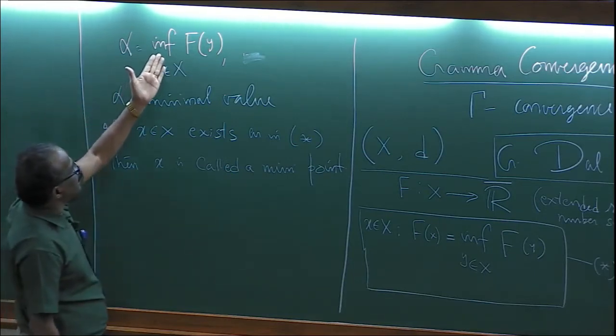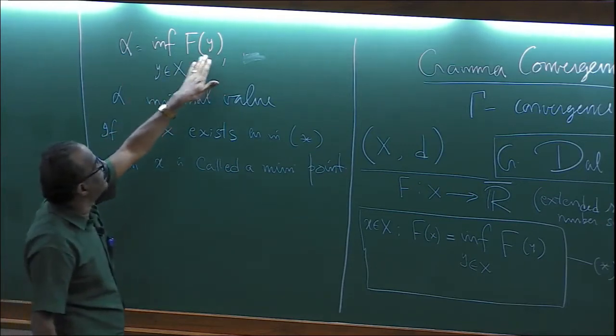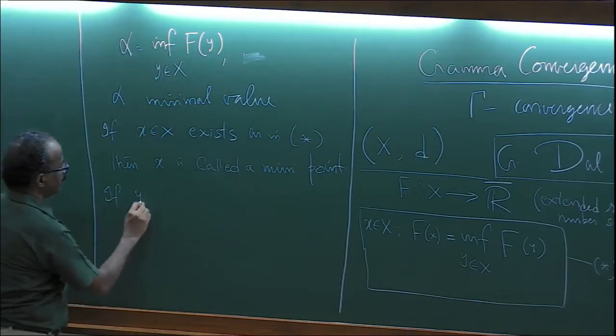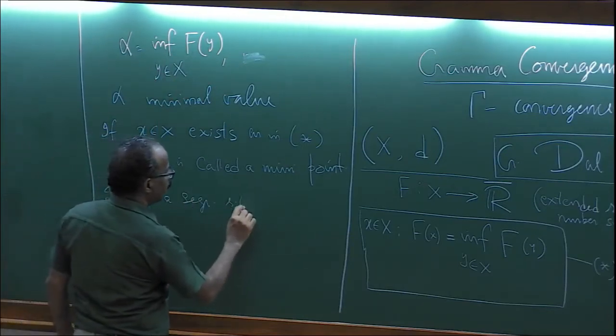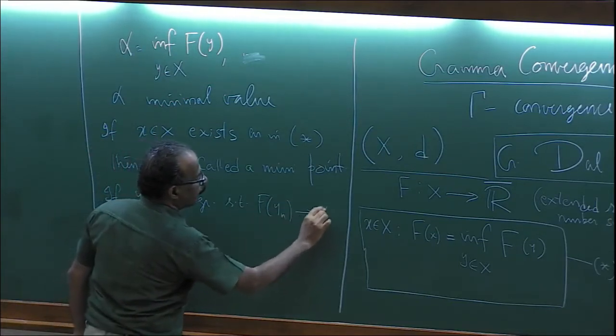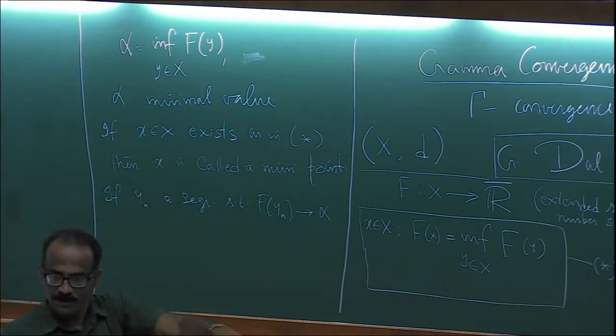And by the infimum definition, in general, there will be a sequence approaching that one. If yn is a sequence such that f of yn converges to alpha, you can always find one using the infimum definition, because the definition tells you that there is a sequence which is going to that one.